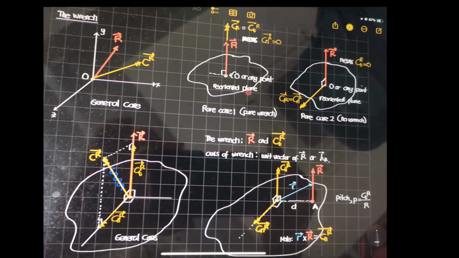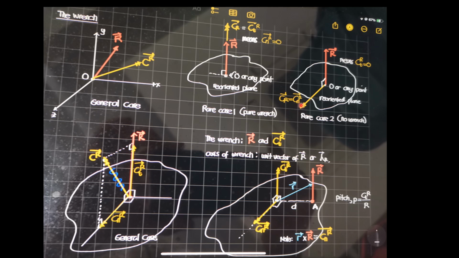Then the other rare case is this, where the force R and the resultant couple will be perpendicular to each other. So we have here the force R and this C sub R here.